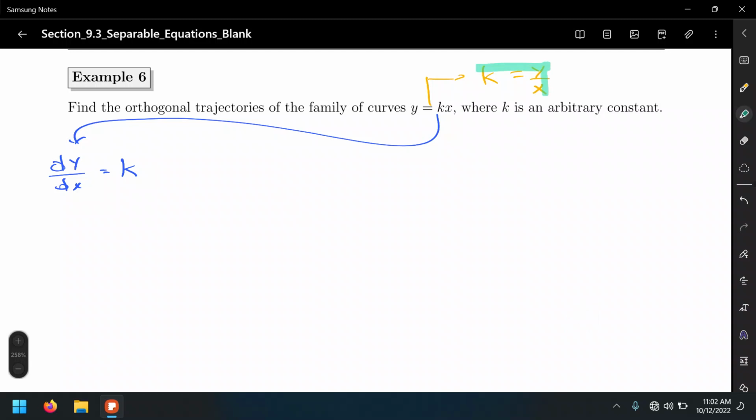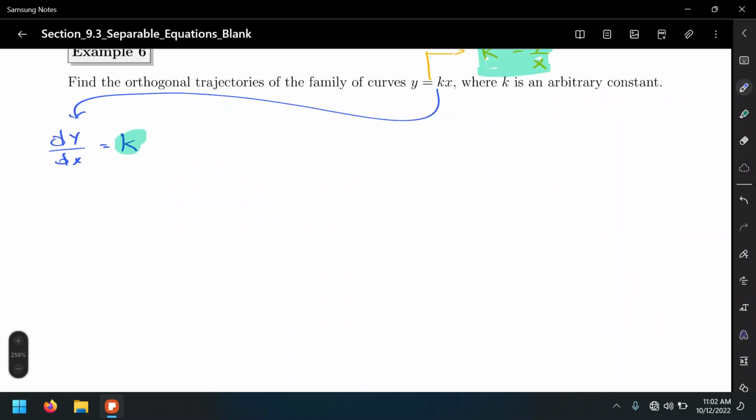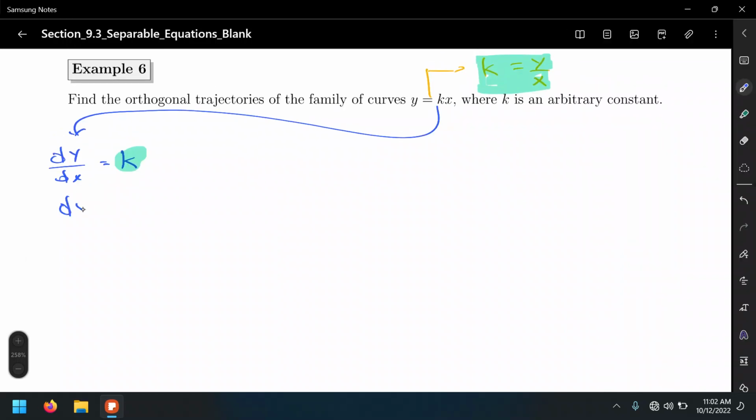And this quantity, we're going to plug in here to come up with another differential equation that contains x's and y's. So that's going to be dy dx equals y over x, all right?